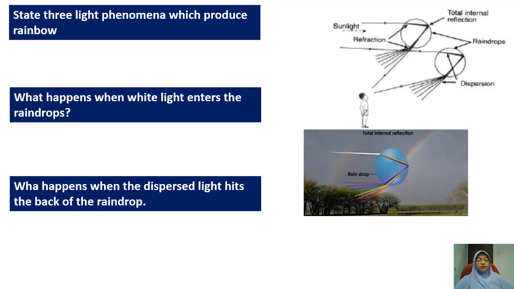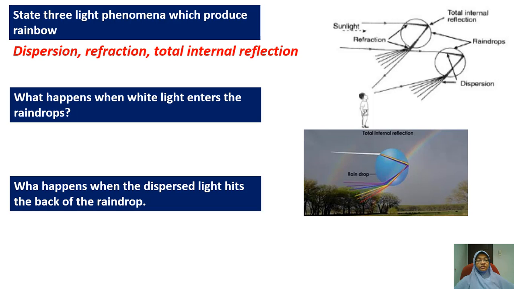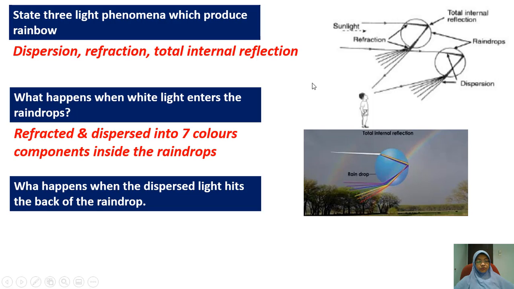State the 3 light phenomena which produce a rainbow. First dispersion, then refraction because it travels from air to water, and then total internal reflection. What happens when white light enters the raindrops? It is refracted and dispersed into 7 color components inside the raindrops. And what happens when the dispersed light hits the back of the raindrop?